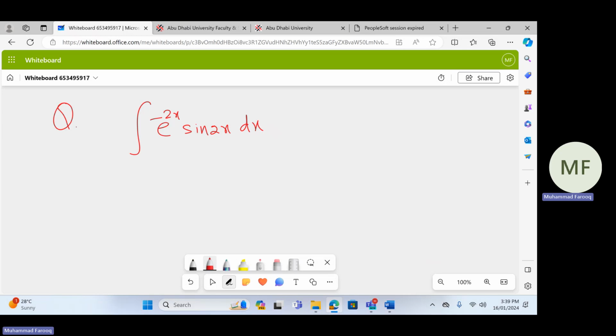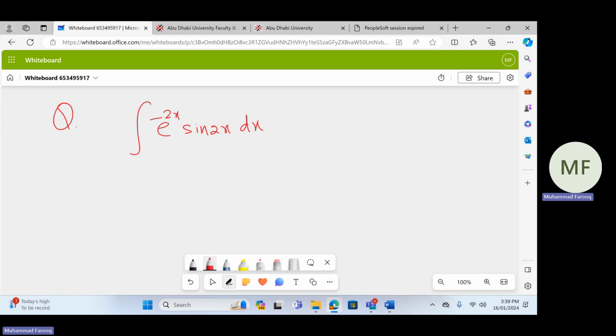Actually, what I told you, sometimes we need substitution, but during by parts, if you apply substitution, it takes time. So there are some shortcuts. If you look at the question, what is the second function here?